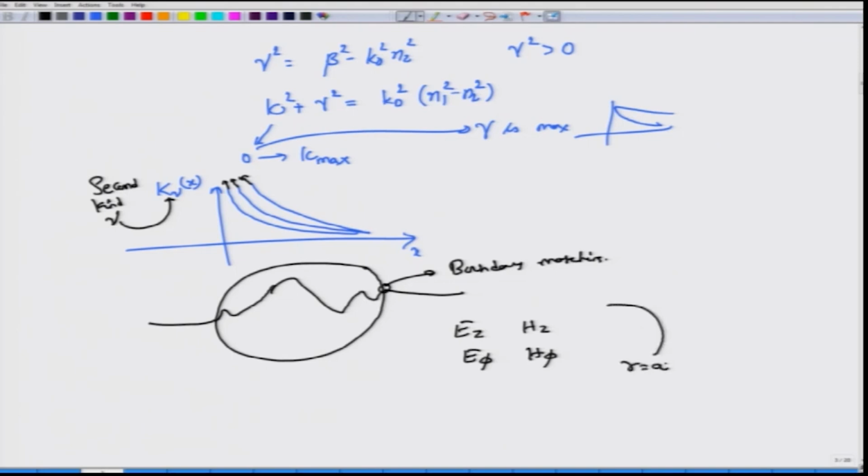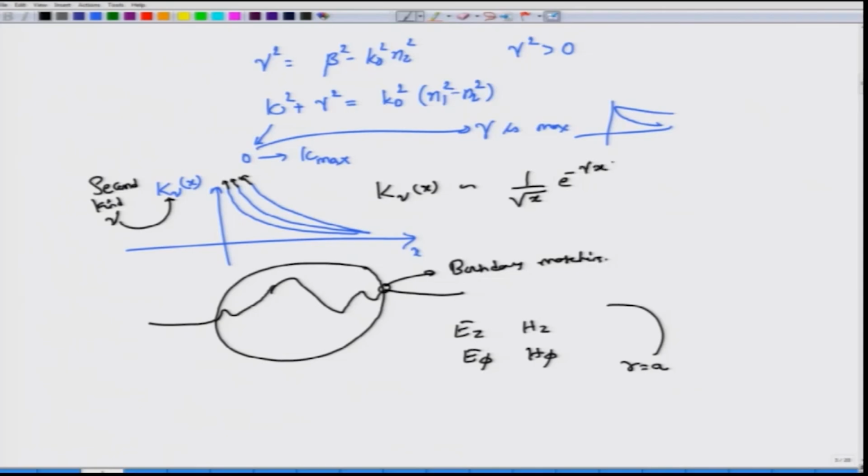These solutions K nu of x also have an asymptotic form: for large values of x they go something like 1 by square root of x. Therefore, at x equal to 0 clearly this goes off to infinity, and then they decay with some constant gamma times x.